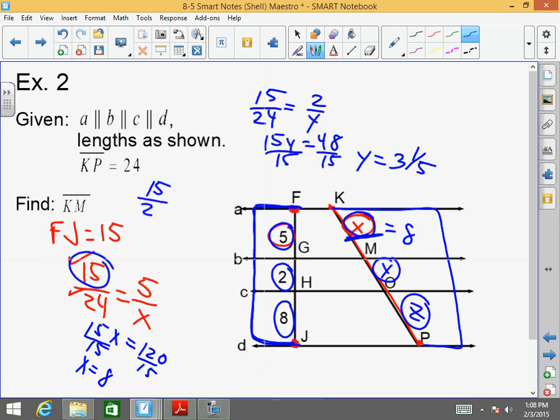Small to large, 15 to 24 must be equal to 8 to z. 15z equals 192, divided by 15. And z will equal 12 point something, just to show you that all of those will be larger. Does that answer your question, my man?